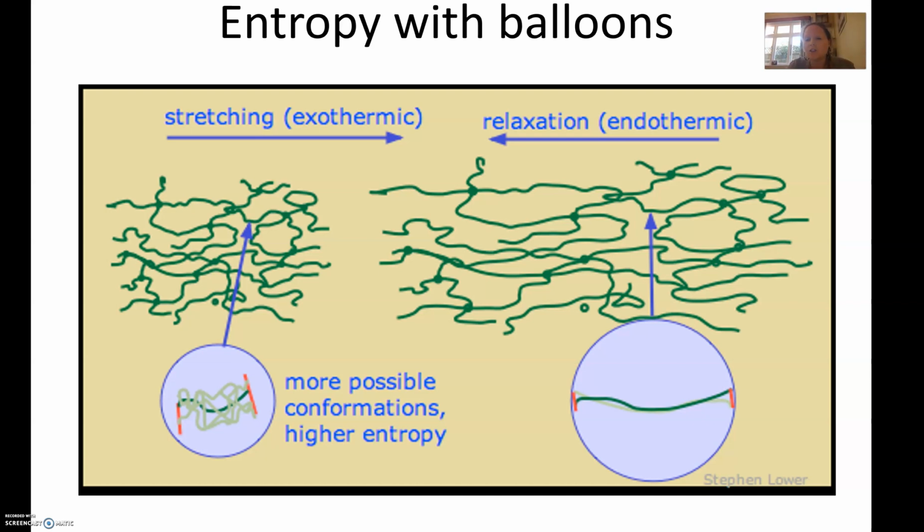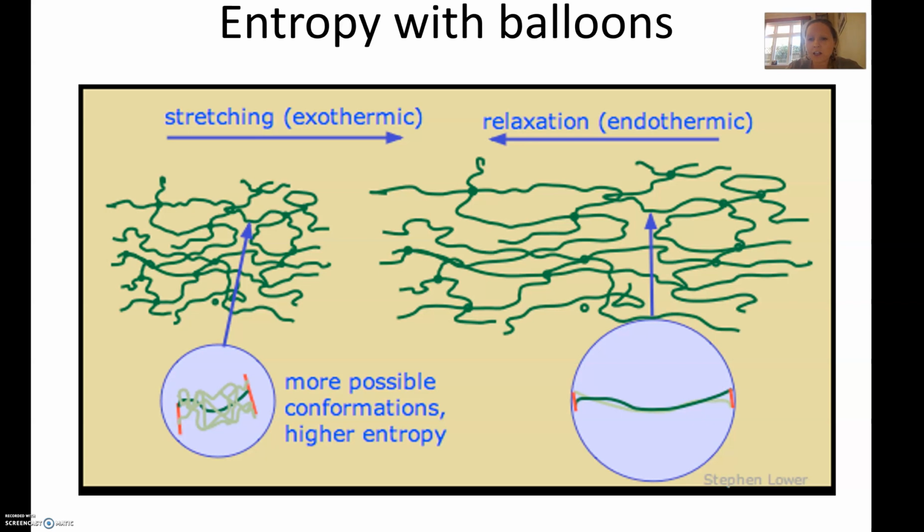But we know that stretching the balloon is exothermic and contracting it is endothermic, which means in this example the spontaneous reaction is actually endothermic, which often doesn't happen. Most spontaneous reactions, from that table you saw before, are exothermic.